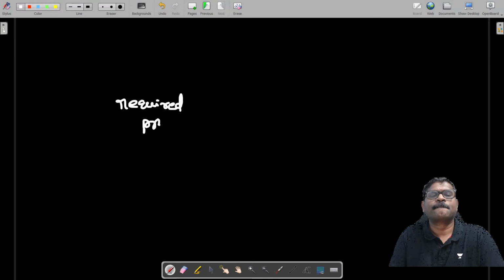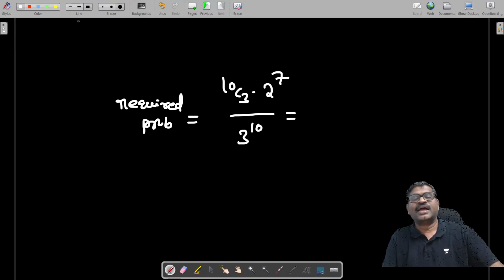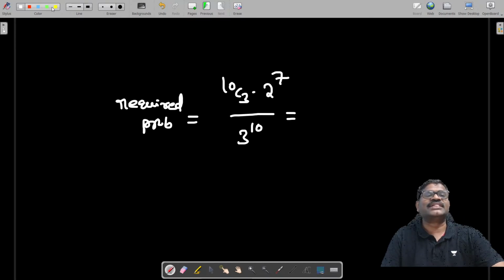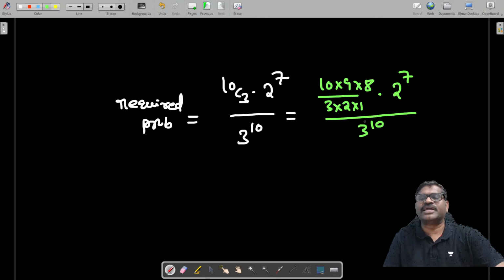Therefore, the required probability is 10C3 into 2 power 7 by 3 power 10. Now simplify this. 10C3 is nothing but 10 into 9 into 8 by 3 into 2 into 1, 2 power 7 by 3 power 10.